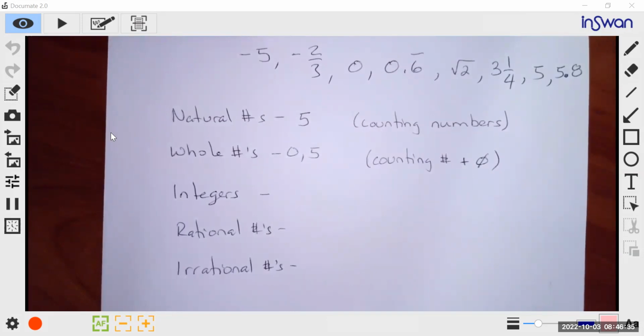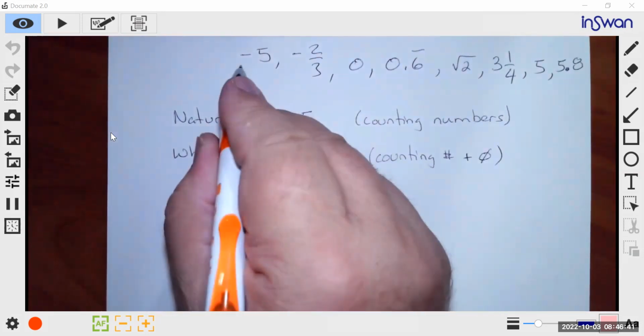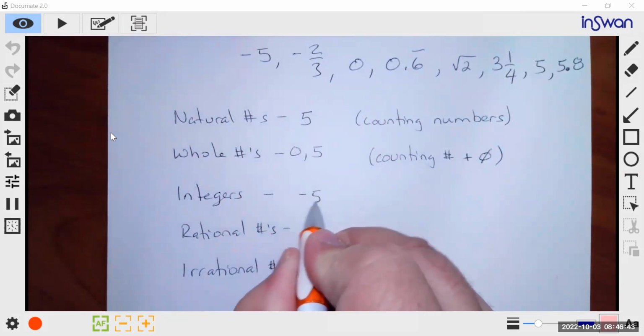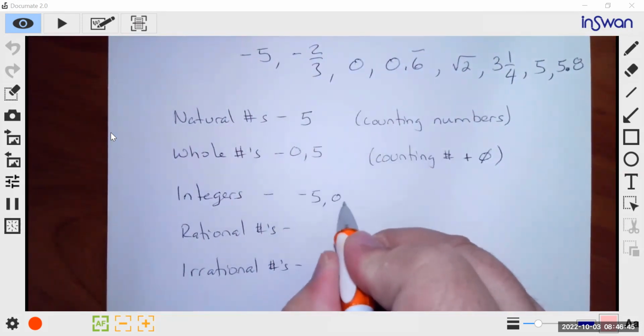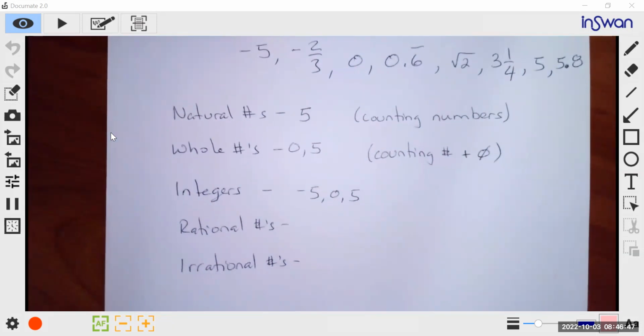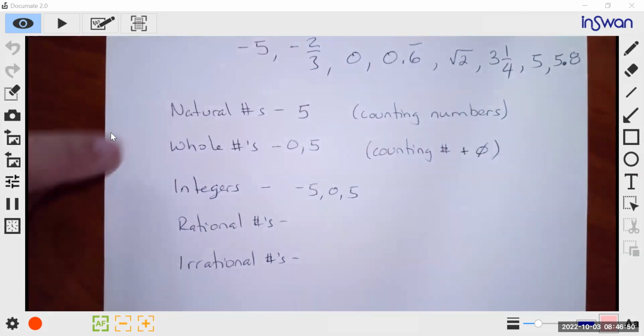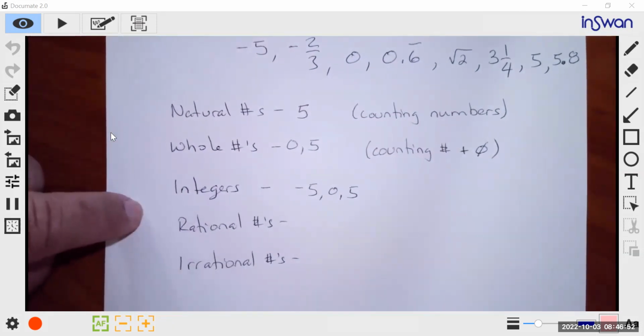Which ones of these are integers? -5, 0, and 5. Because the integers are the whole numbers plus the negative numbers.